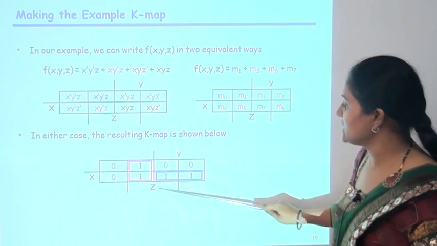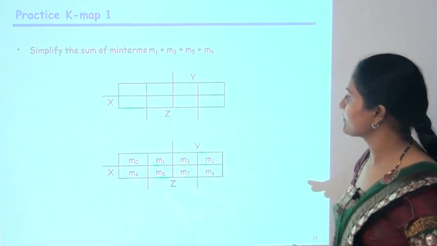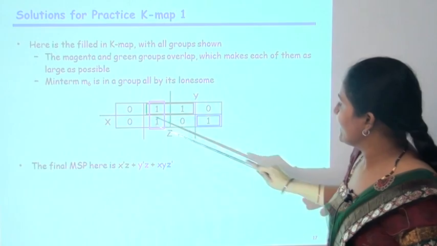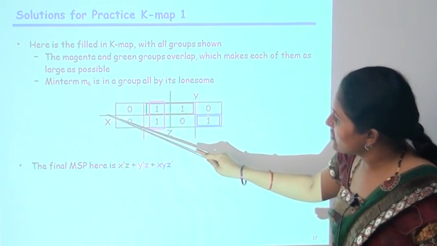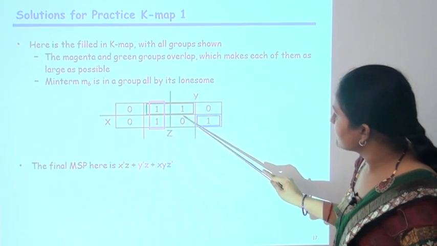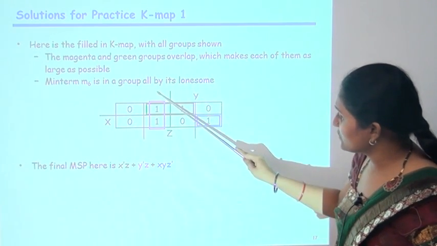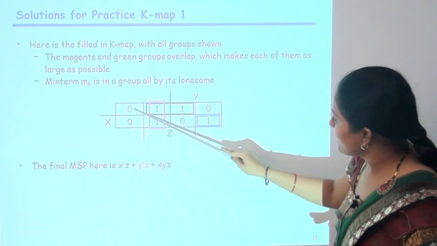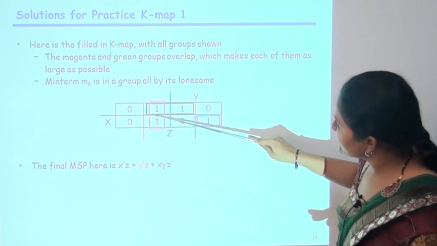This is our question. So for the solution, the groups we made here: this is x-bar, this is y-bar, this is y. So for this, this is x-bar and this is z.